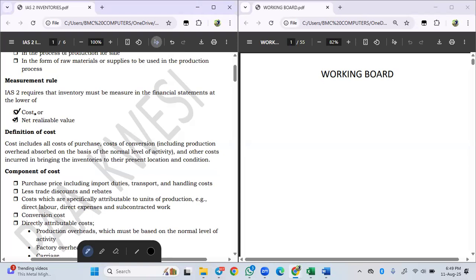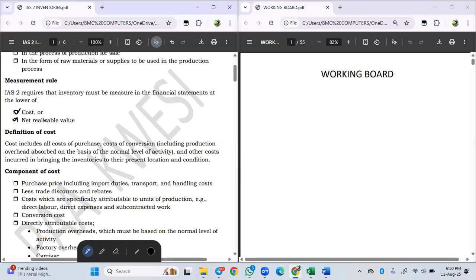So in every question that will be given, you will be asked to calculate the cost and net realizable value, or you'll be given one of them, either cost or net realizable value, then you calculate the other, and then you use the lower. So initially, you measure it at cost, then subsequently, you measure it at the lower of cost and net realizable value.